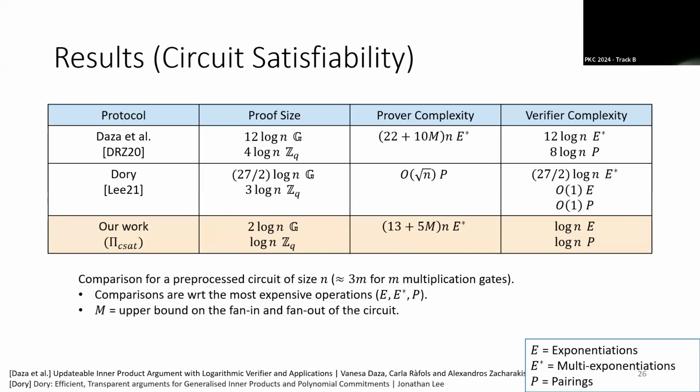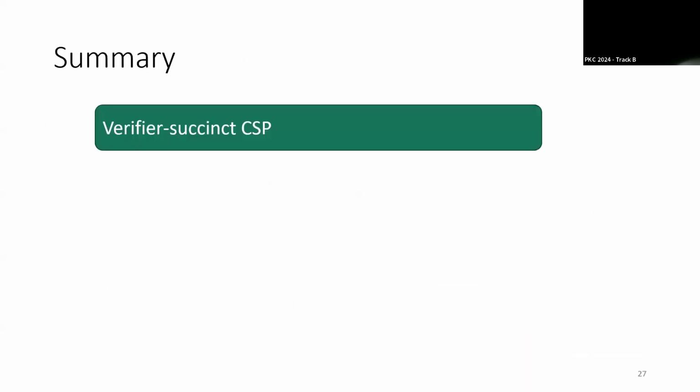Similar results can be seen when we are talking about circuit satisfiability, which uses the linear form opening protocol along with other primitives to obtain the circuit satisfiability protocol. To conclude, we discuss how to get verifier succinct compressing protocols, which retain the proof succinctness obtained in the compressing protocol by Attema and Cramer's work.